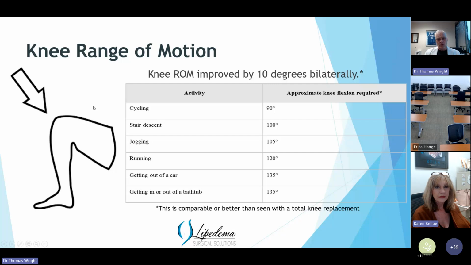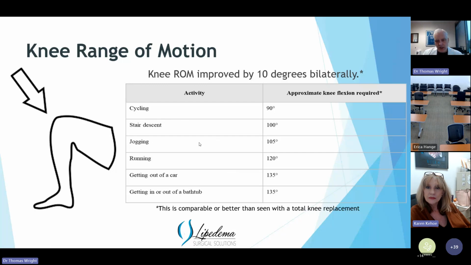So we showed the data with the improvement in knee flexion. Well, how does that translate into a huge improvement in function? So getting in and out of a car or in and out of a bathtub, you need a full 135 degrees. And so if you're the average patient and you get closer to 130 from your surgery, that's going to make a big impact.